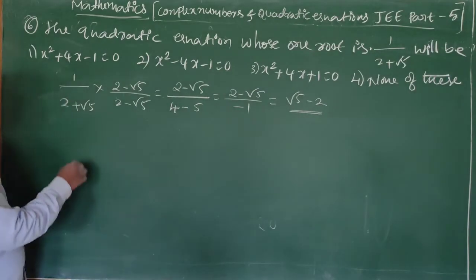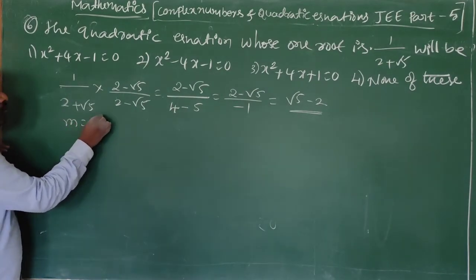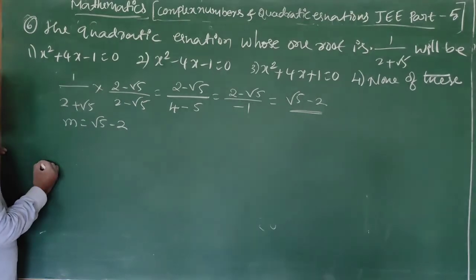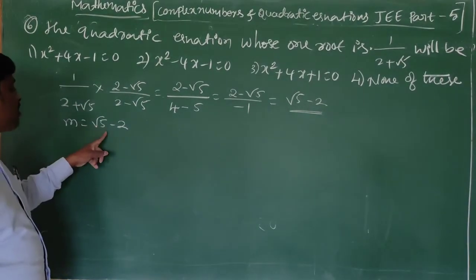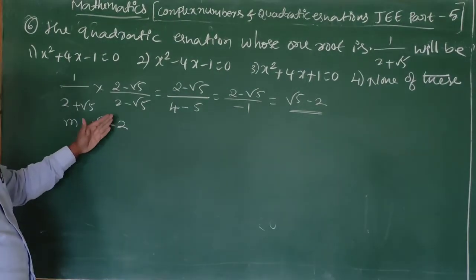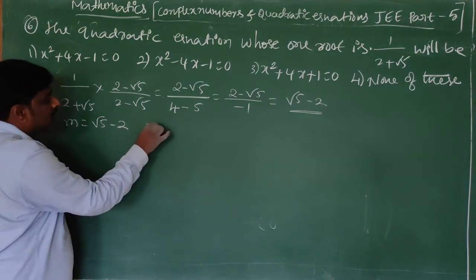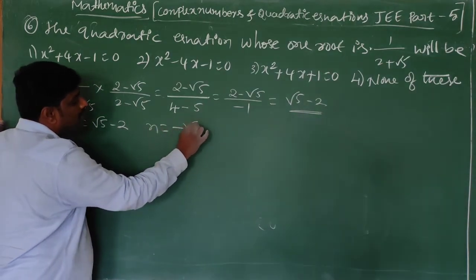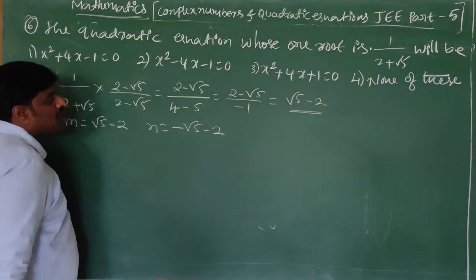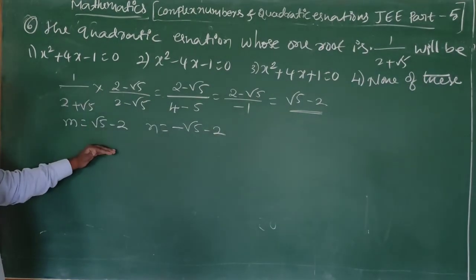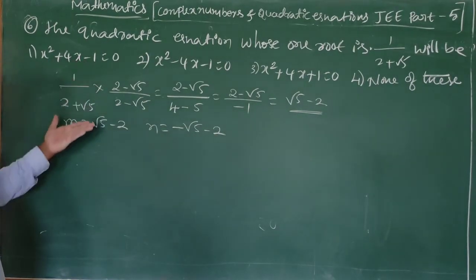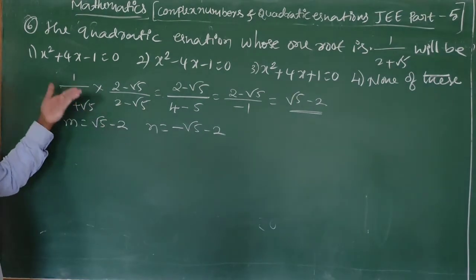Another root: m is equal to root 5 minus 2, and the coefficient of the rational number, that is n, is equal to minus root 5 minus 2. I discussed a similar problem in the previous problem.